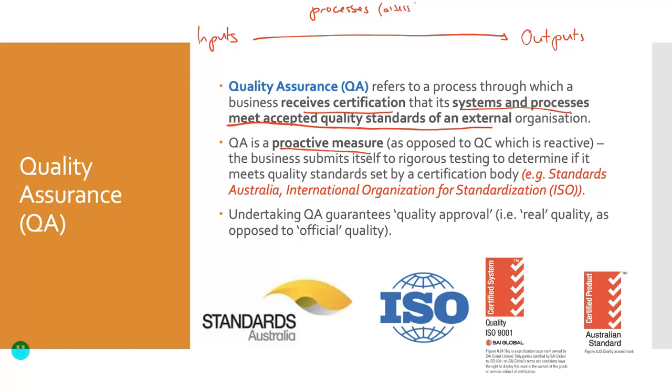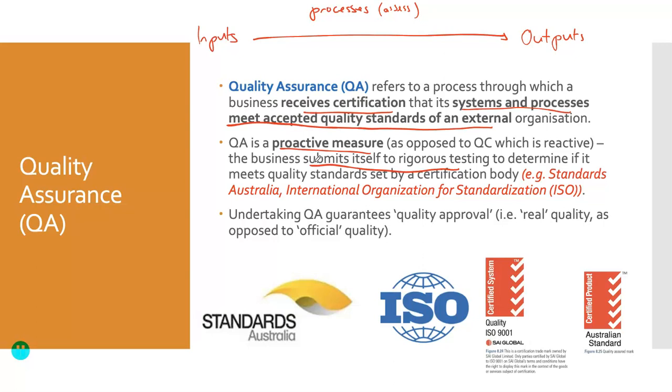And the business will have to prove that their processes mean that there shouldn't be lots of quality issues. That's why it's proactive, because the business submits itself to a rigorous set of testing to determine if it meets the quality standards by a certification body.